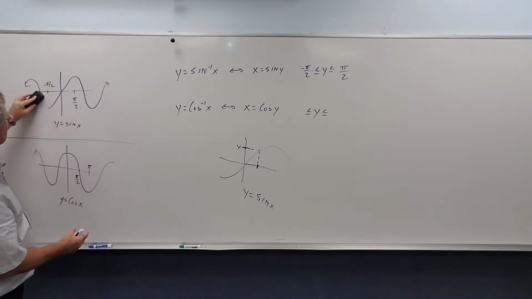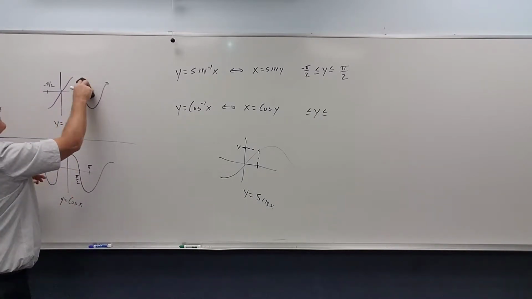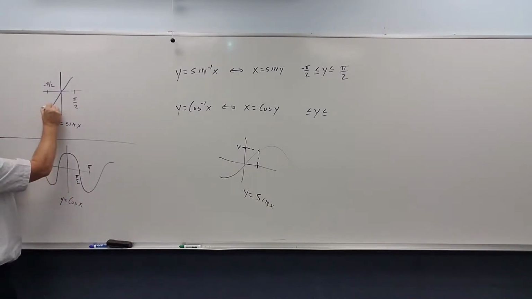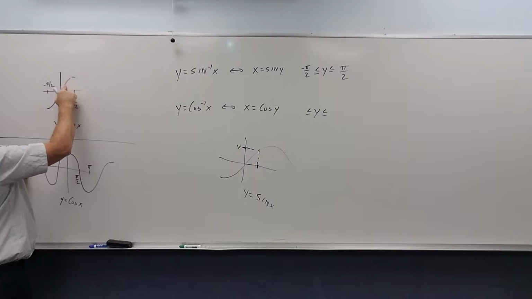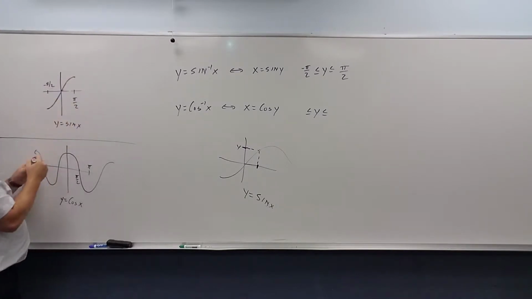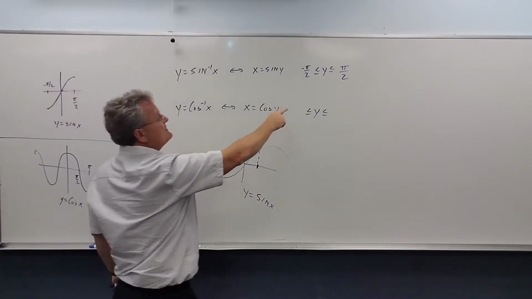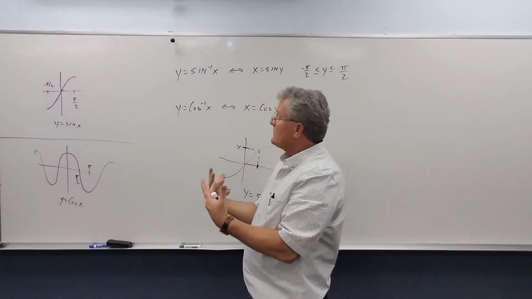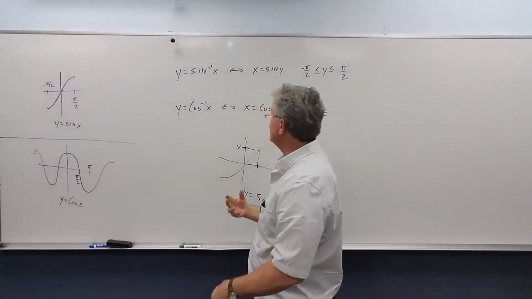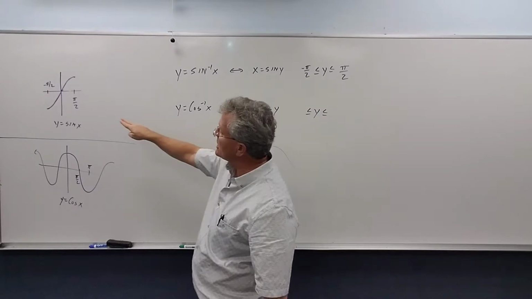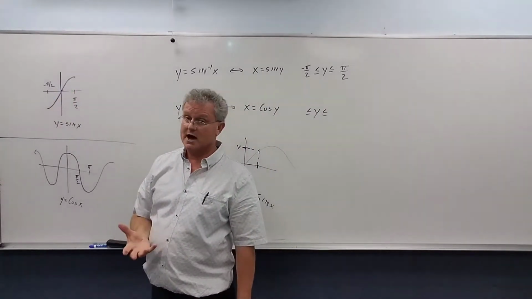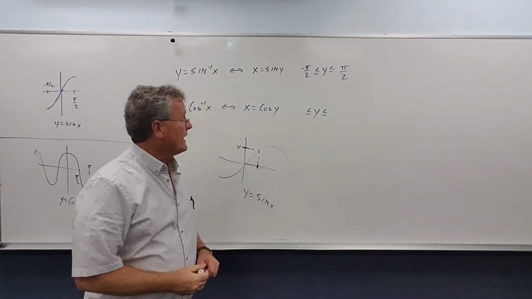If I only look at this part of the sine graph from here to here, this is 1-to-1. So that's the reason why, in order to maintain the 1-to-1 criteria that we need for an inverse, our angle, our answer, has to be between negative pi over 2 and pi over 2.